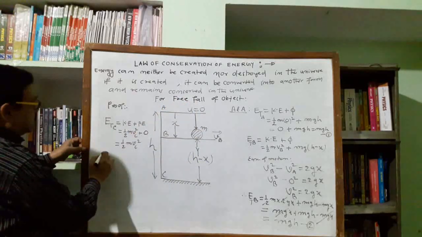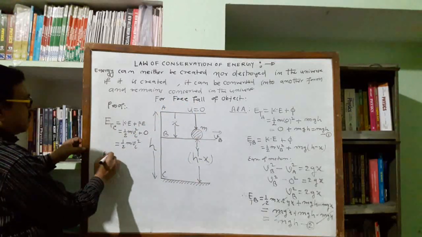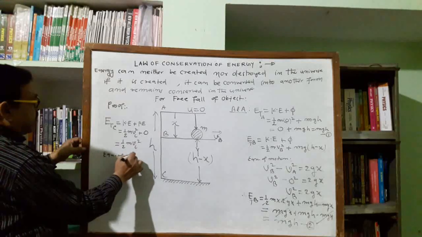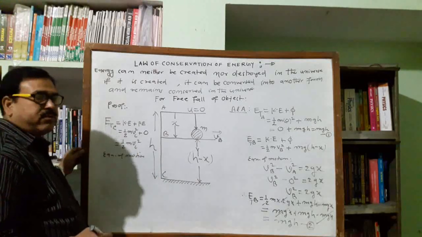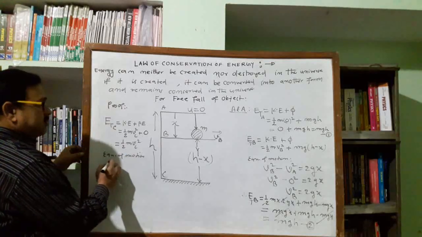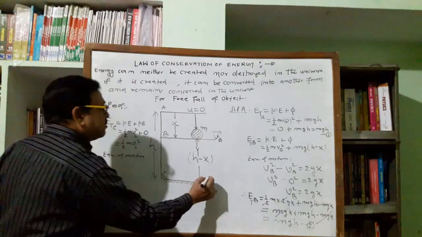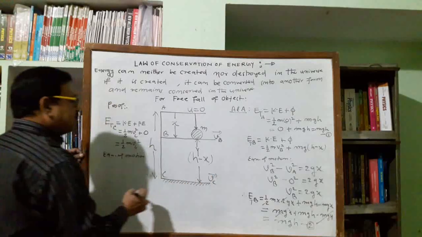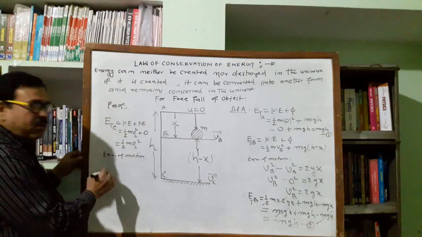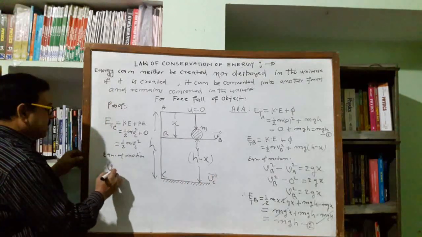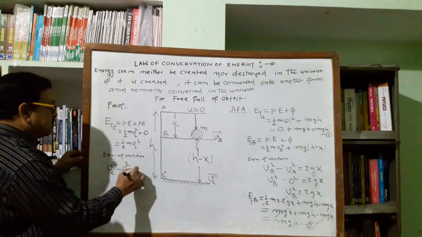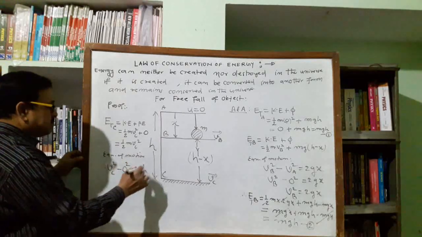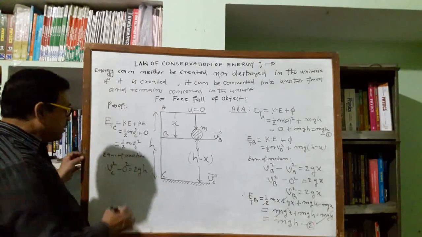During free fall, once again the equation of motion is utilized, when the object falls from the velocity 0 to acquire the velocity at C, the maximum velocity acquired by the falling object. So vC square equals 0 plus 2gh, h being the total distance covered by the object.